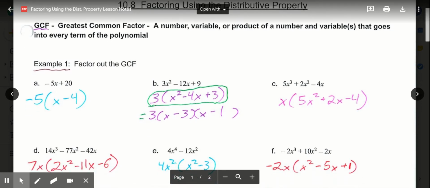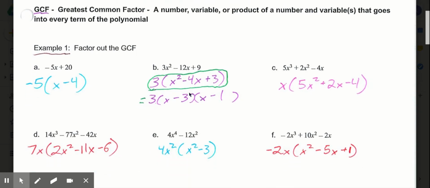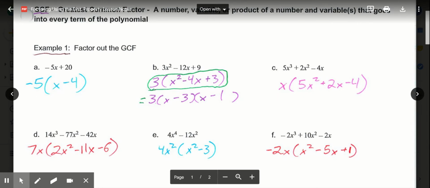So if we look at A, negative 5x plus 20, what we're looking at are two different terms, a negative 5x and a positive 20. So we want to think what is a factor of each of those, or what can be divided out of each. Both of these terms can be divided by a negative 5.